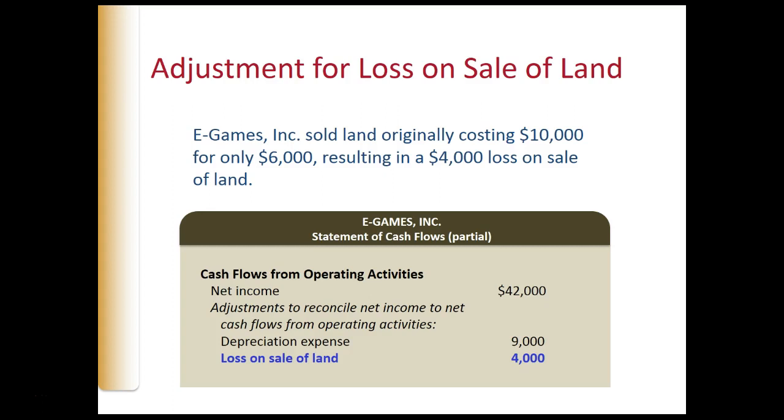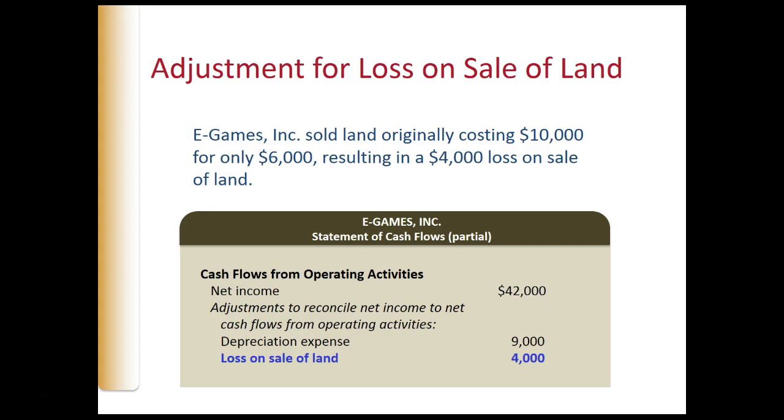eGames reports a $4,000 loss on the sale of land in its income statement. Now, the loss is not an operating cash flow or cash outflow. The actual sale of land is an investing activity we'll talk about later, but yet we subtracted the $4,000 loss in the income statement in determining net income.